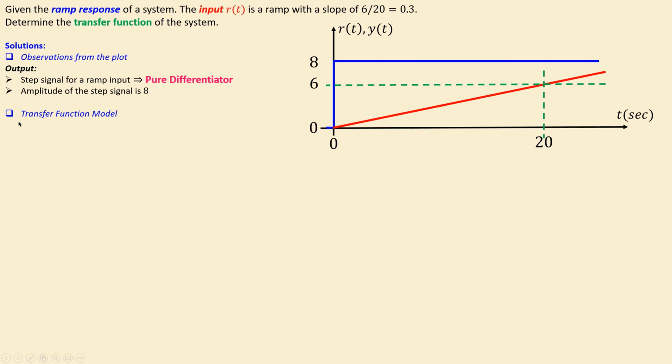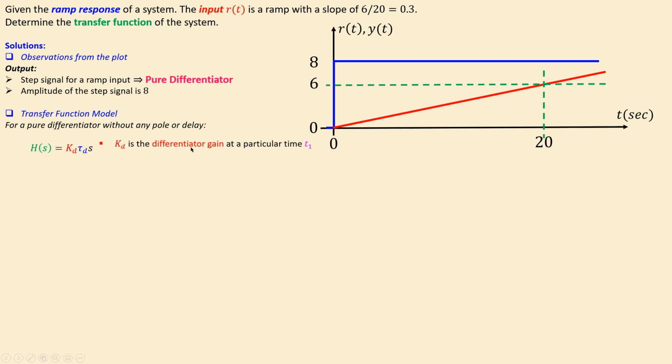So getting back to the transfer function model of the pure differentiator. For a pure differentiator, we only have, you will see that shortly, one zero at the origin, and no pole and no delays. So the transfer function is shown here. We have a k sub d, which is one of the parameters, and also the tau d, and of course the s. You can see already here that the zero is at the origin, because if you make s equal to 0, this will be 0.